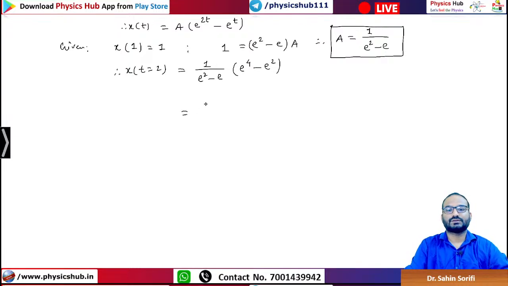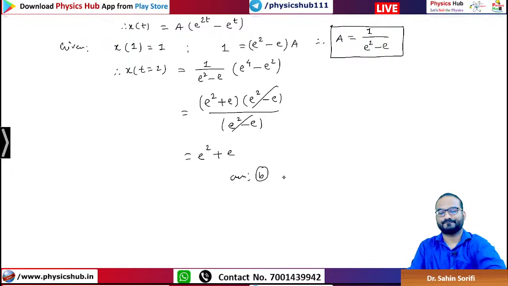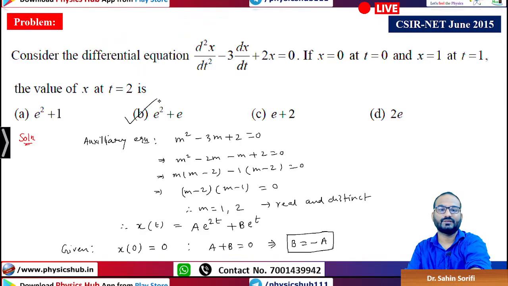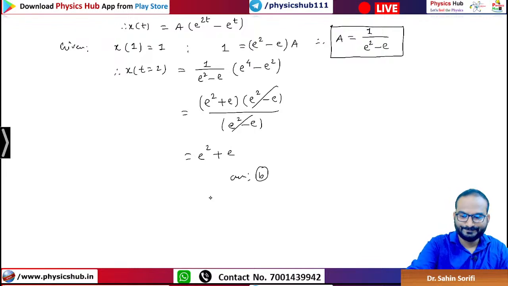So this is equals to e square plus e times e square minus e divided by e square minus e. So this gets cancelled, you get e square plus e in return, that is matching with option B. Okay. Simple question was there.